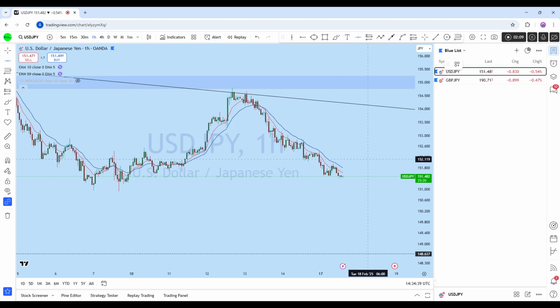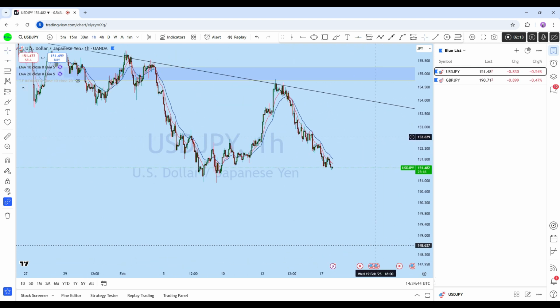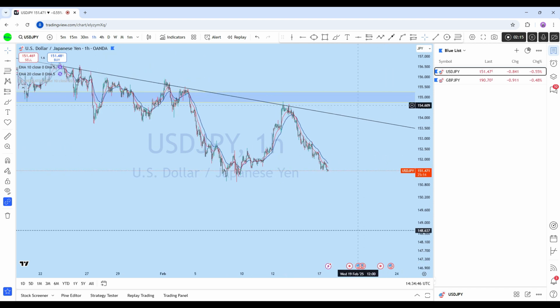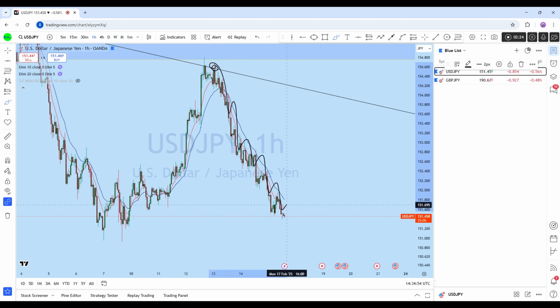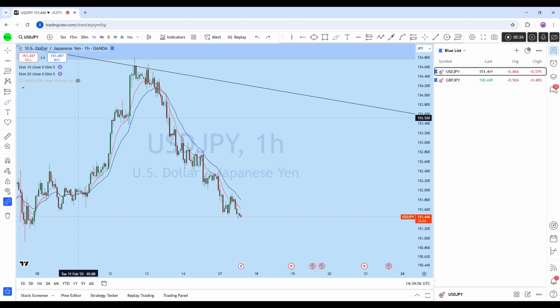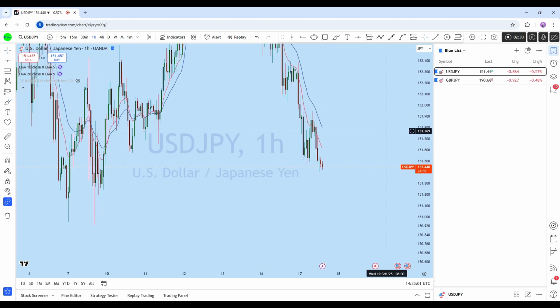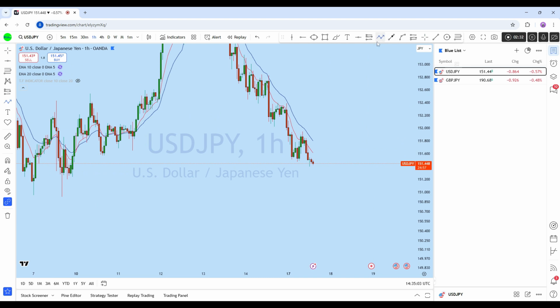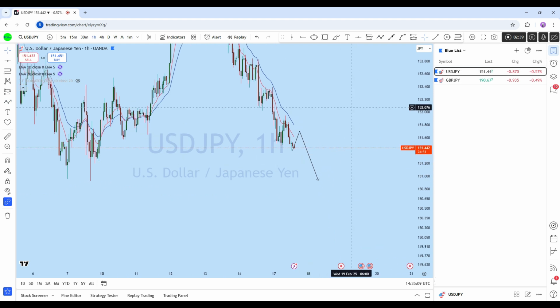Now, if we look at the 1 hour chart to see how dollar yen is evolving, the market in that area is in a very strong downtrend. From this level, we can see a big drop and pullback. The market is forming a series of lower highs and lower lows, expecting the market either to pull back to the upside or to grab liquidity before breaking below this support level.